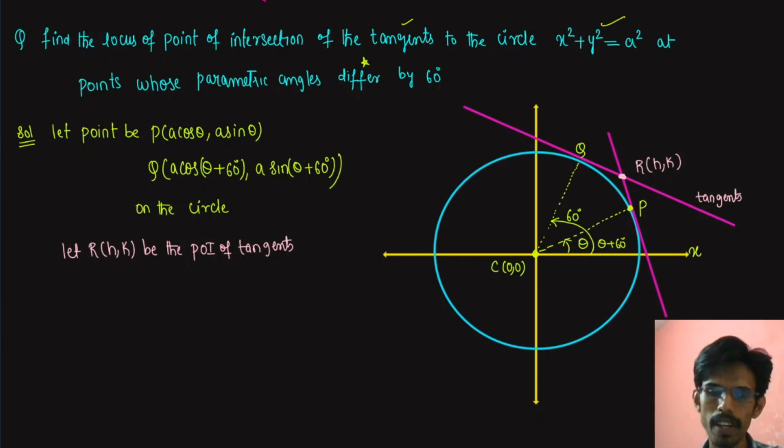Now whenever a tangent is drawn, the tangent line will be perpendicular to the radius CP. Here also this will be perpendicular.